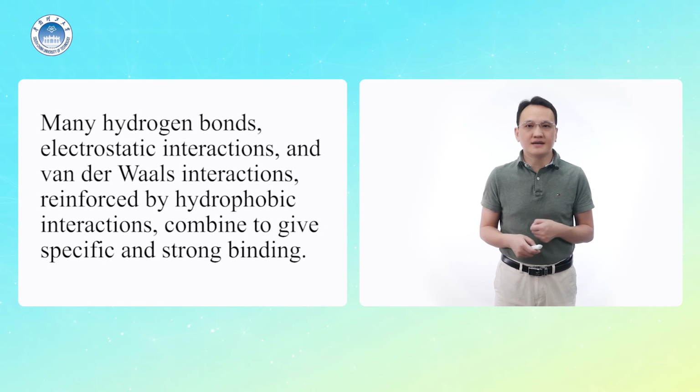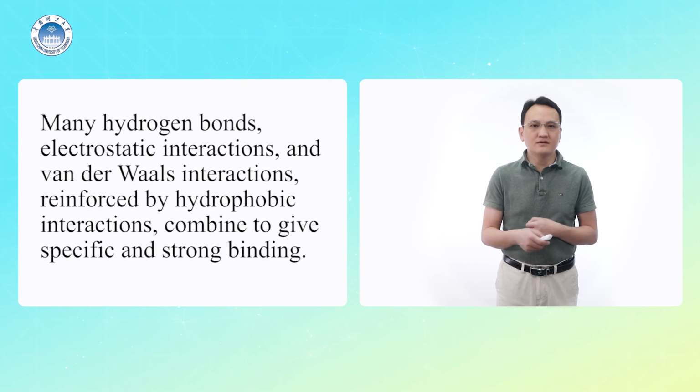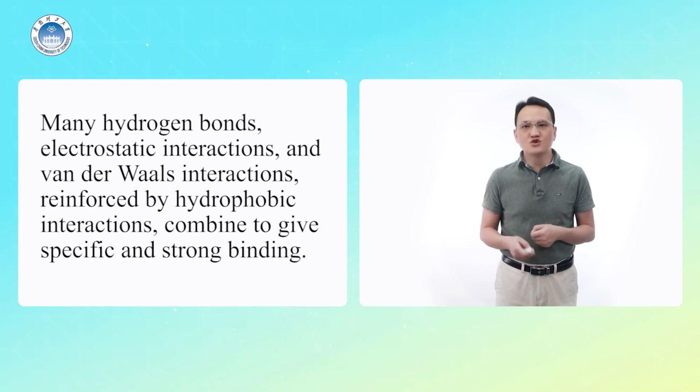Many hydrogen bonds, electrostatic interactions and van der Waals interactions, reinforced by hydrophobic interactions, combine to give specific and strong binding. A well-studied case of small molecule binding is seen in the example of phosphocholine binding to Fab.